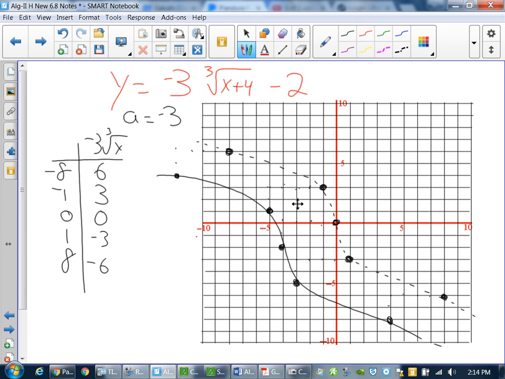Is there anything on this graph that shows a domain and/or range restriction? No. This is what we call continuous. Every value of x that you choose, any real value of x, is always going to spit out some real value of y. So for both domain and range here, it's all real. And that's going to happen with cubic or cube root functions.